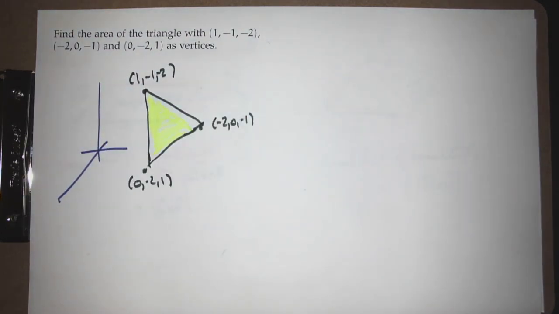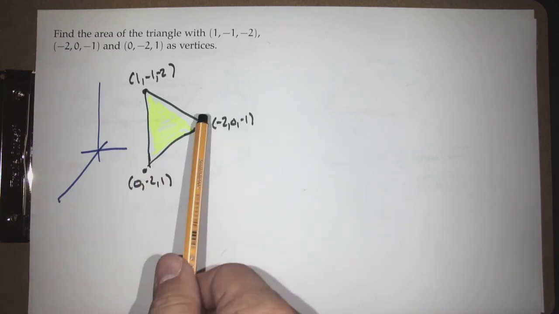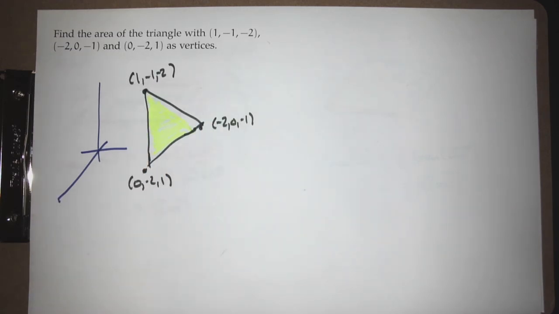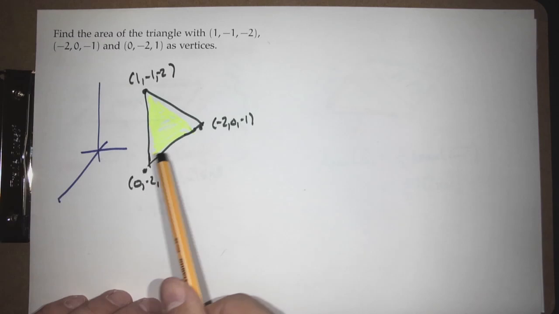You will not get the right answer. So, how do we turn things into vectors? Well, you pick a corner. Will it matter which corner you pick? No, it doesn't matter. Now, it might change your intermediate computation slightly, but you won't change your answer. So, anyone have a favorite corner?